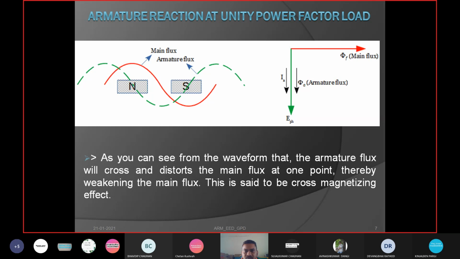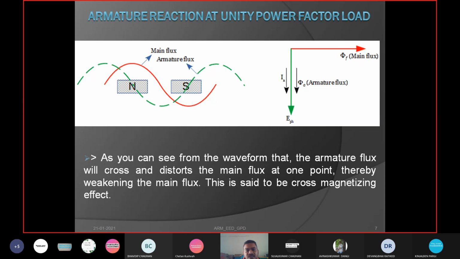So when the power factor is unity, or a pure resistive load is there, at that time the effect of armature reaction is cross magnetizing. In this, the main field flux will reduce as well as be distorted.